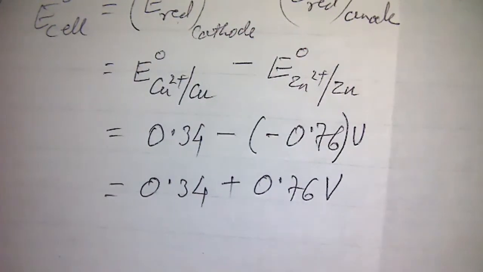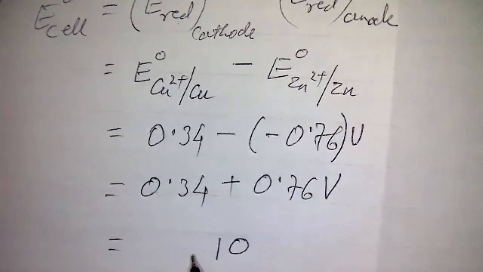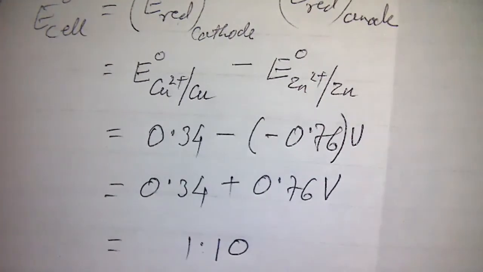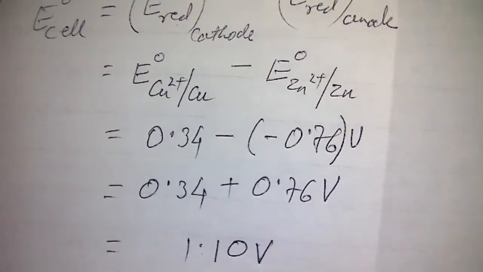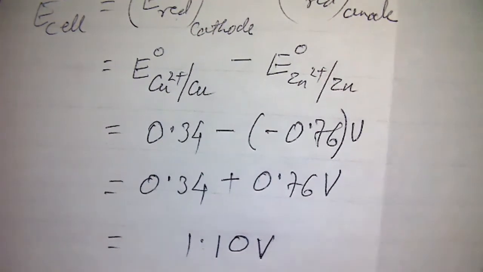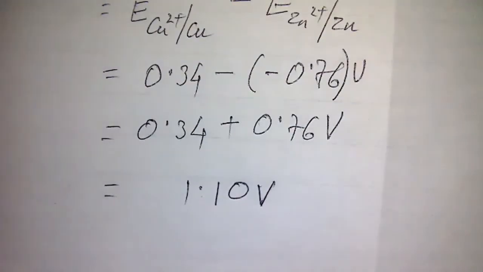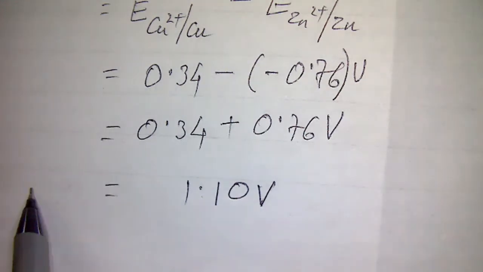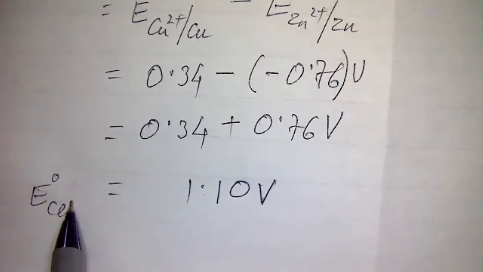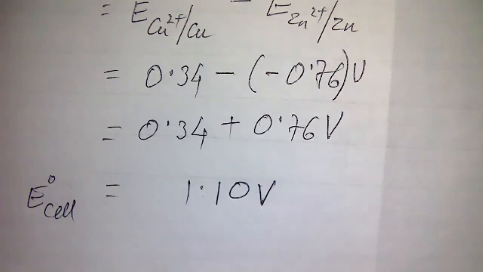Now you can simply add it up. What will you get? 1.10. So the cell potential is 1.10 volt. E naught cell is equal to 1.10.